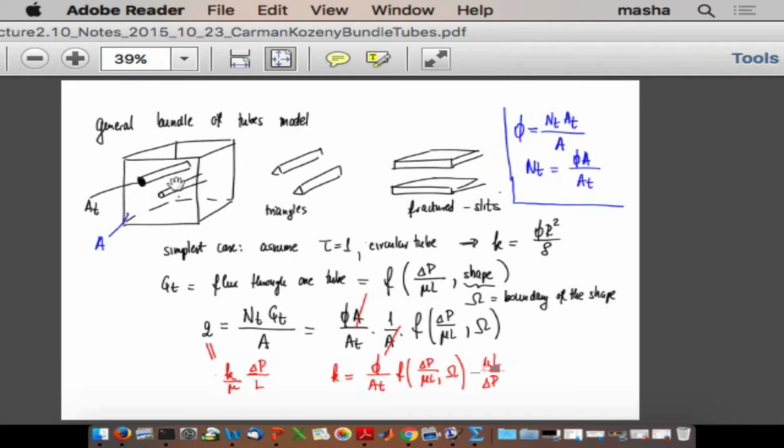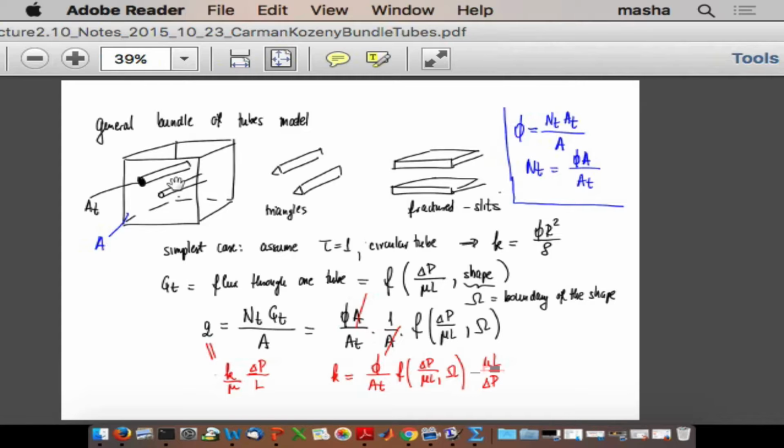I'm disregarding signs here. Then when I plug things in, and this Qt, I will get that my permeability from this equality is overall porosity over area of each element, or each tube in the bundle of tubes, times this function that I have that describes my flux and mu L over delta P.